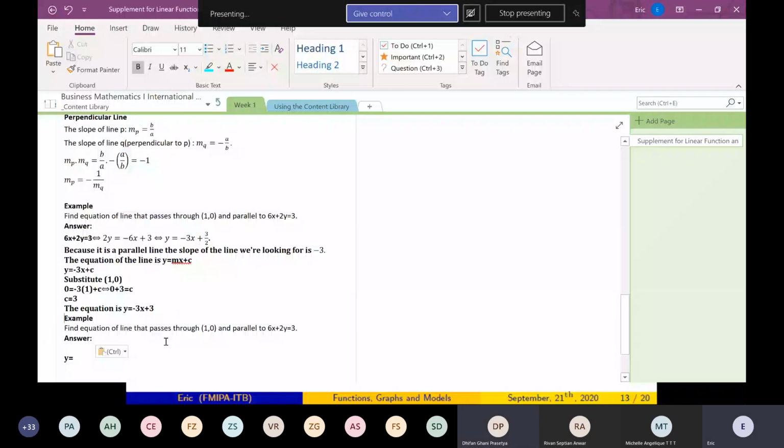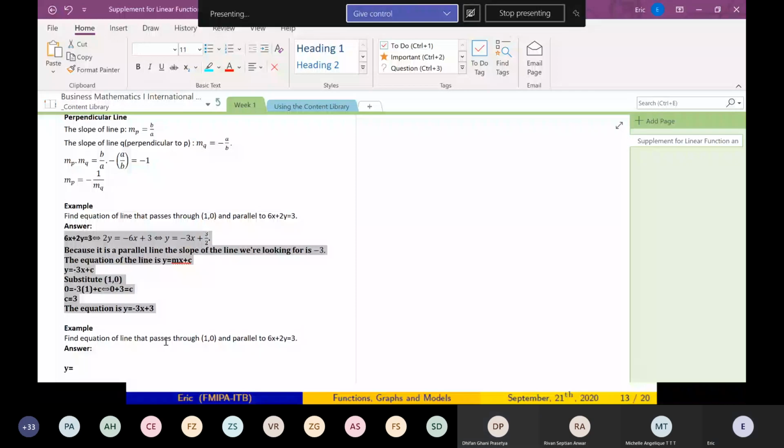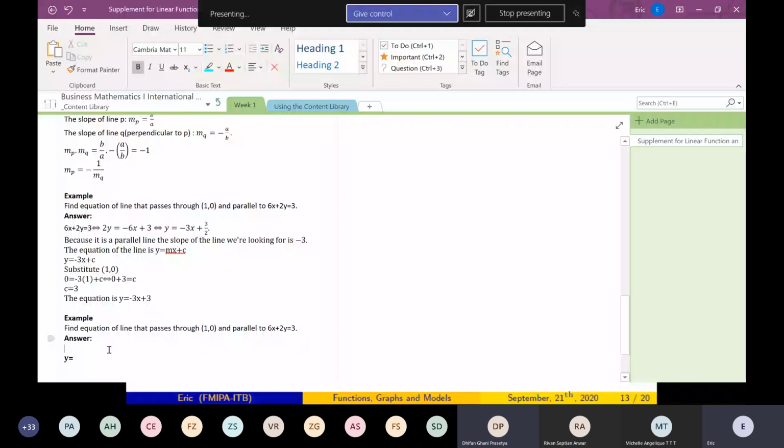Find an equation of the perpendicular line, with the same point. The equation is given by y equals minus 3x plus 3/2. You can do this on your own.